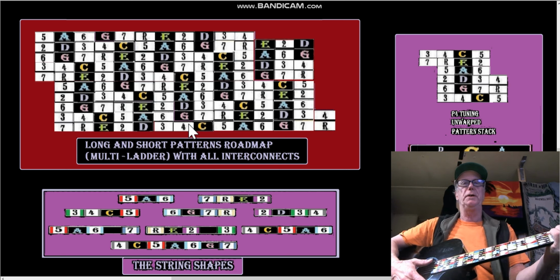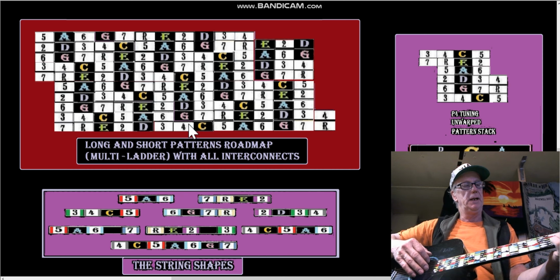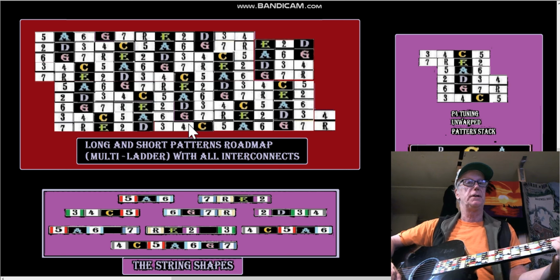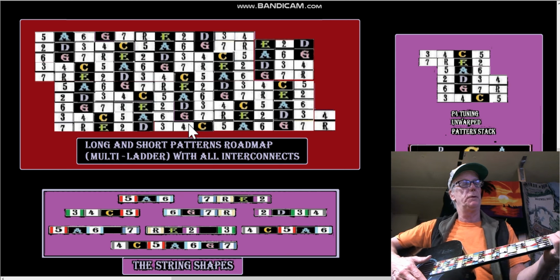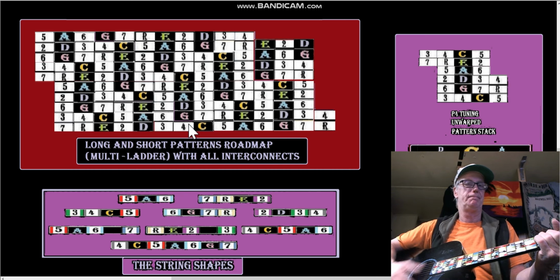But other than that, my low E shape is actually a C, and then my F is actually 2 whole steps down from an A, which is an F. So I have to deal with that. That's not too bad with C and F, but when I go for F minor, oh, then I'm in trouble, because the relative major of F minor is A flat.